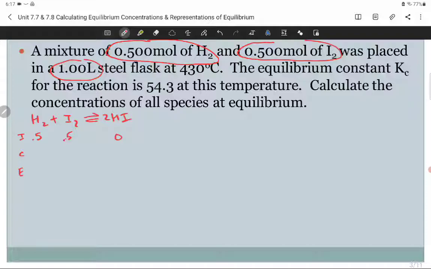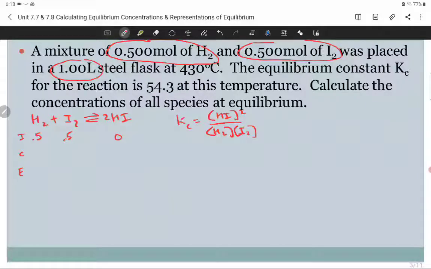Okay, and we're already given a Kc. Refresh our memories. The expression is the concentration of products raised to their coefficients, over the reactants, H2 and I2, with their coefficients of 1 raised to the power 2.